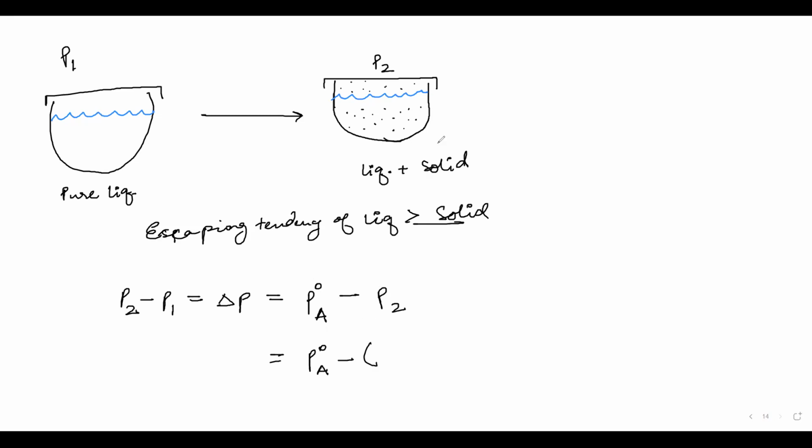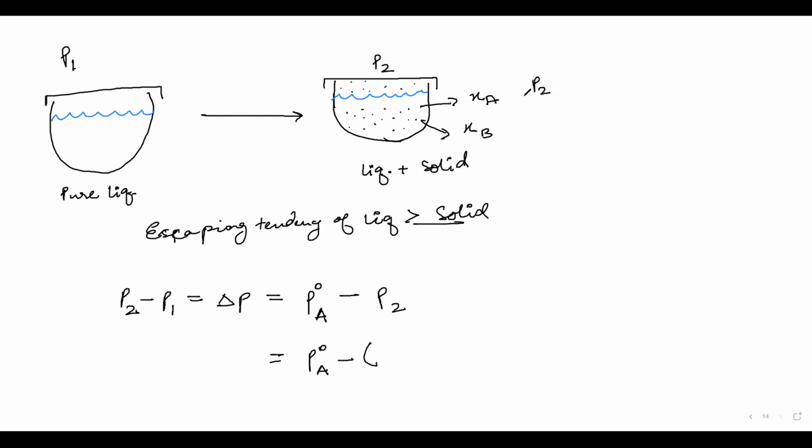Now P2 can be written as what? Tell me. In terms of chi, here we have chi 1, that is chi of A, and here also we have chi of B. So what do you think?